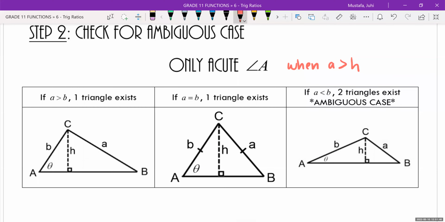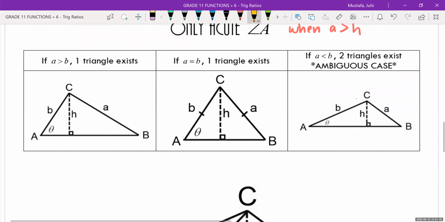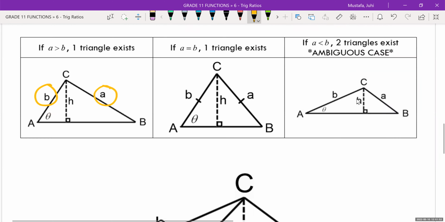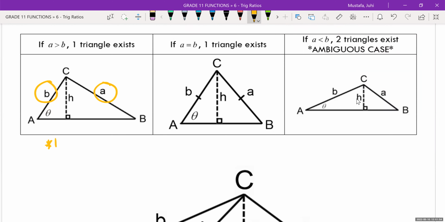Okay, for the final check for ambiguous case, you are going to be comparing side length A and side length B now. So the H doesn't really matter. If you find that your triangle is leaning towards the left, I call this a leans left triangle. Do you notice how it's kind of shifted to the left?